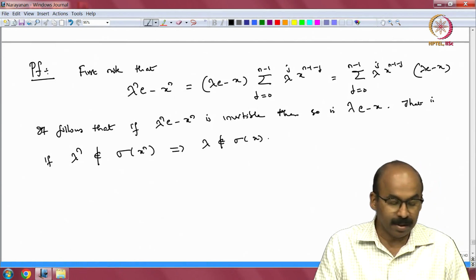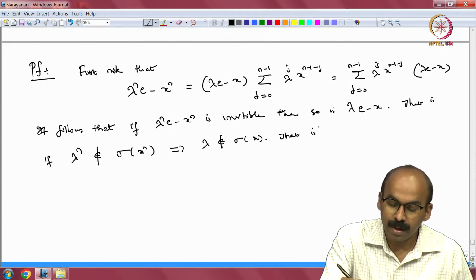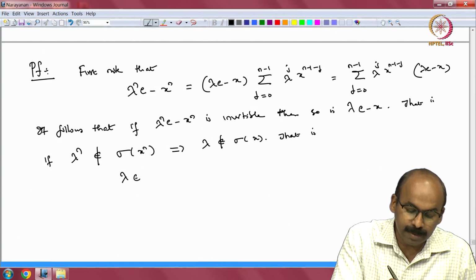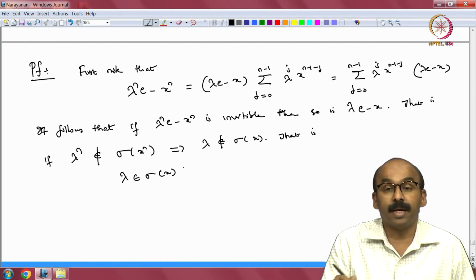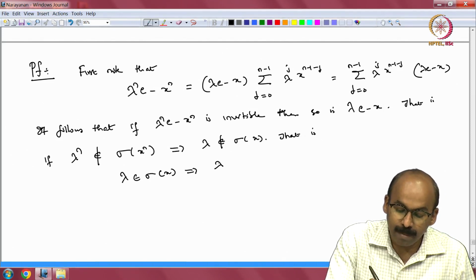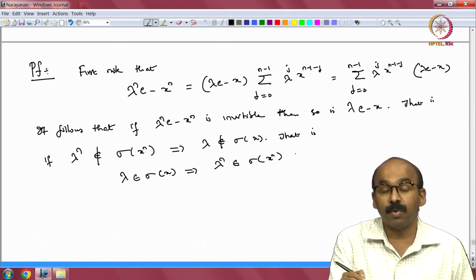Okay. In other words, if I write it the other way, lambda in the spectrum of x, that means lambda e minus x is not invertible, implies that lambda to the n is in the spectrum of x to the n, right. That is what this means.